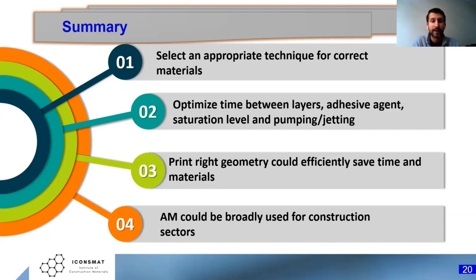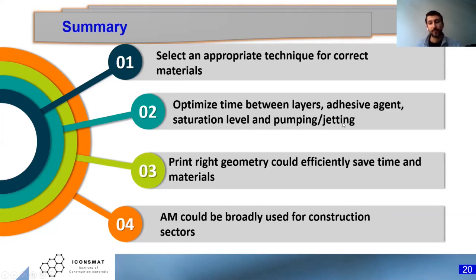The second point is that it's very important to optimize the time between layers, which has been done for inkjet 3D printing. I've published one of the papers, so we can optimize the time between layers as well. And adhesive agents: it's very important what agent you are using, whether just water or superplasticizer, and the saturation level as well, which is the water to cement ratio, and pumping and jetting.